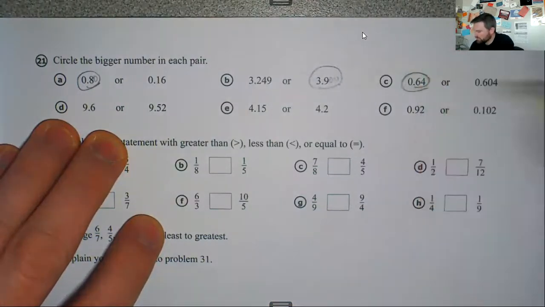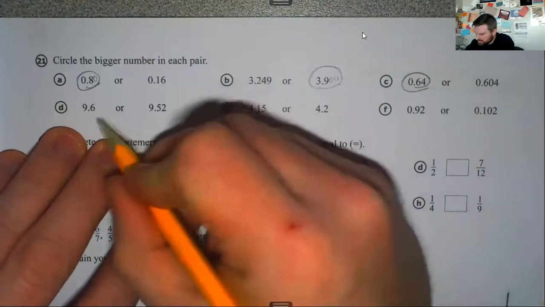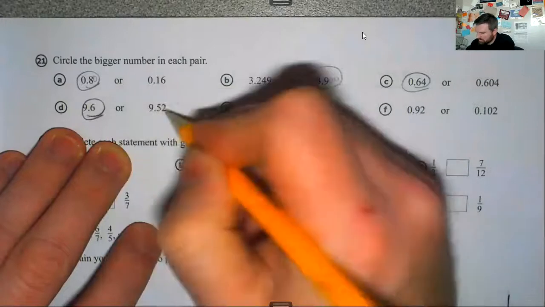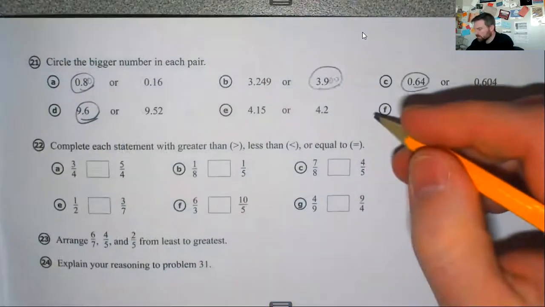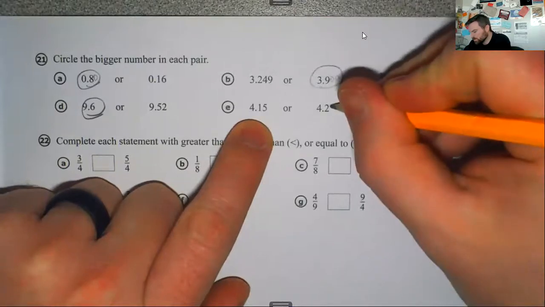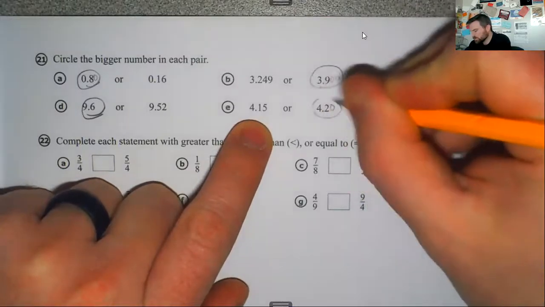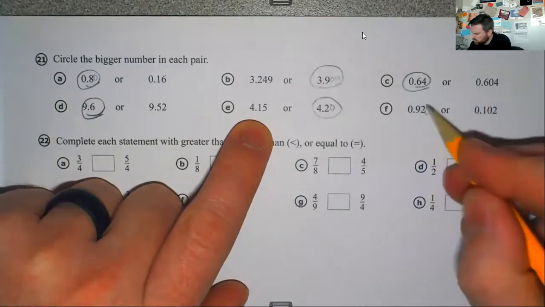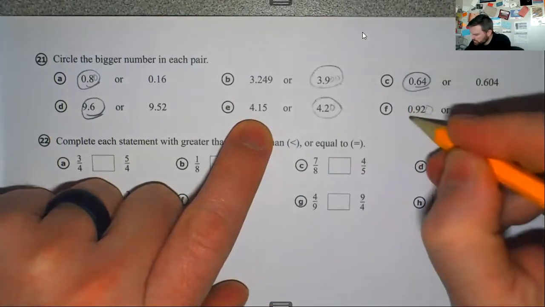This one's bigger. 64 is bigger than 60. 96 or 952. 60 is bigger than 52. 4.15 or 4.20. The 20 is bigger. 920 or 102. This one is bigger.